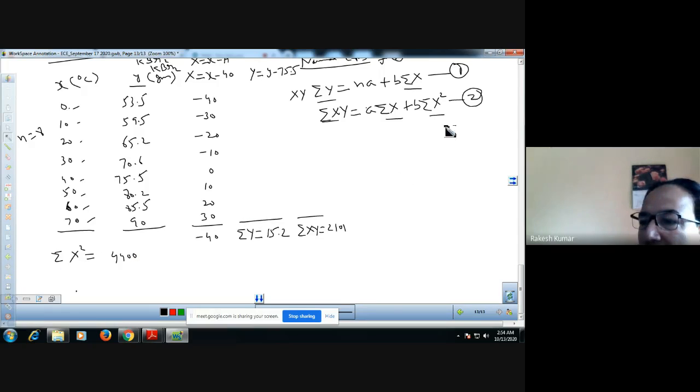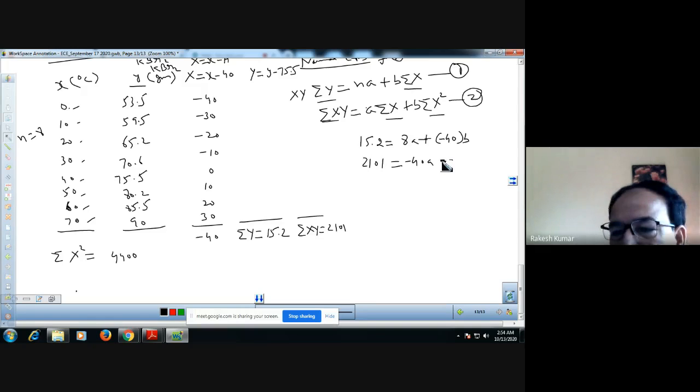That is 4400. Now put all these values in equations 1 and 2, and you will have 15.2 equals 8a plus sigma x, that is minus 40b. Similarly, sigma xy is 2101, that equals minus 40a plus sigma x square, that is 4400 into b.